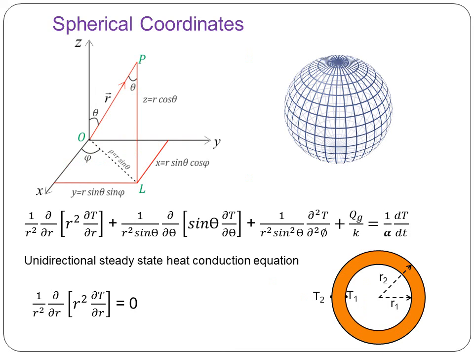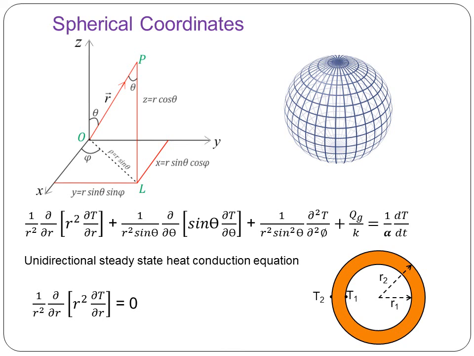Similarly, you can get it for the spherical coordinate system. In the spherical coordinate system, you have all the 3 directions affected by angle. So, you have the zenith angle, you have the azimuth angle and you have the radial direction. The radial direction is perpendicular to the surface area of the sphere.